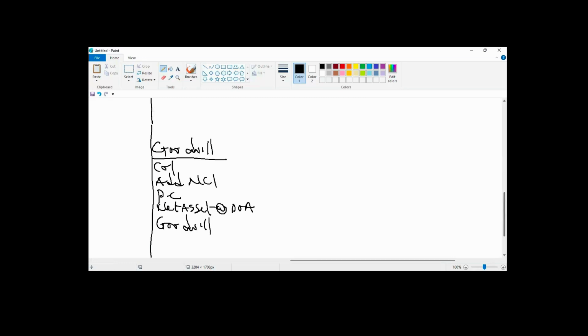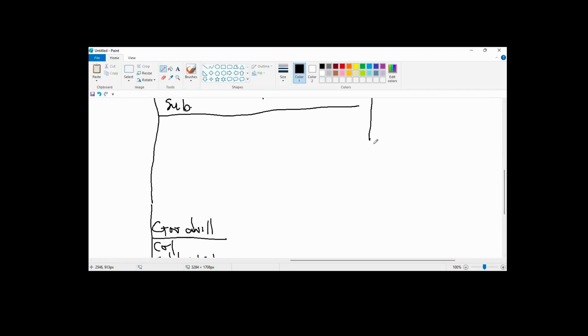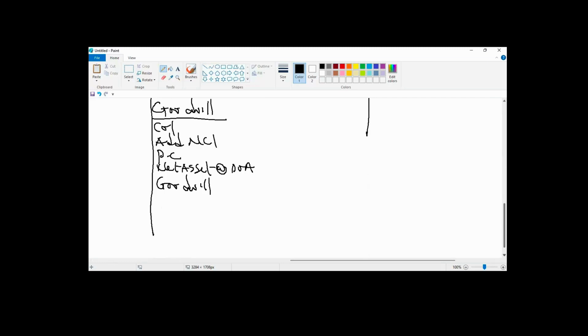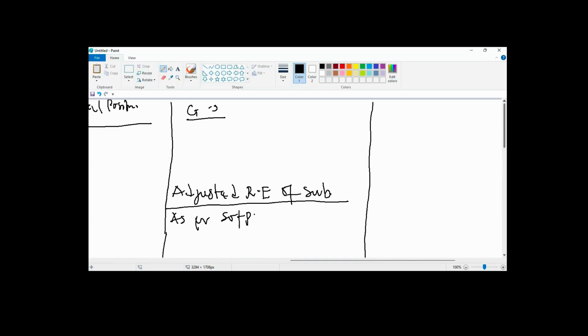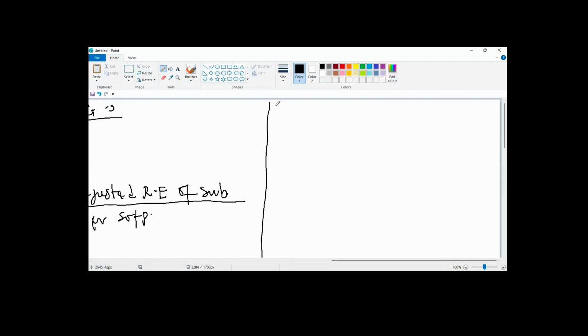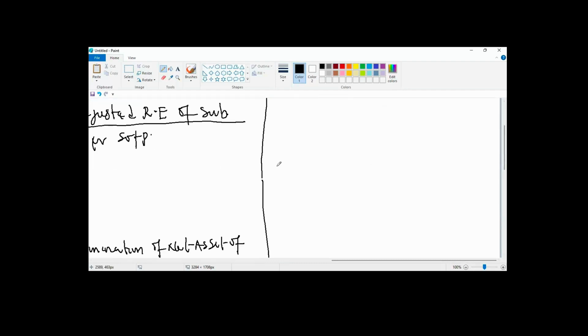I don't know if there will be impairments. Then I need the retained earnings of the parent as per SOFP, and the NCI at the date of acquisition.